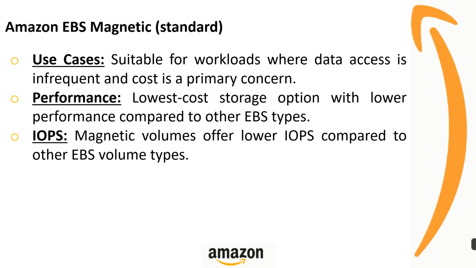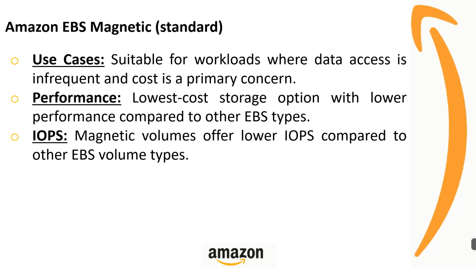Then go for EBS Magnetic, suitable for workloads where data access is infrequent and cost is the primary concern, right? Where we cannot access the data frequently, right? This data we will access in 15 days or 30 days. In this case, we can use EBS Magnetic, right?